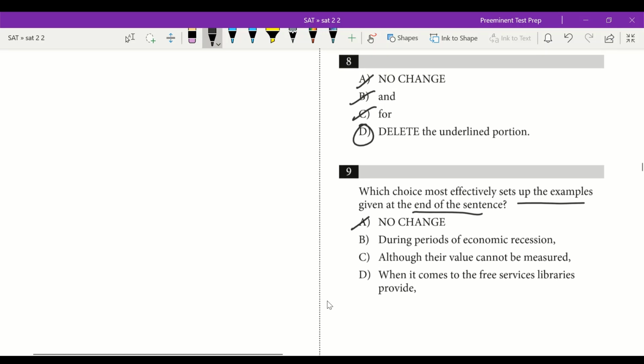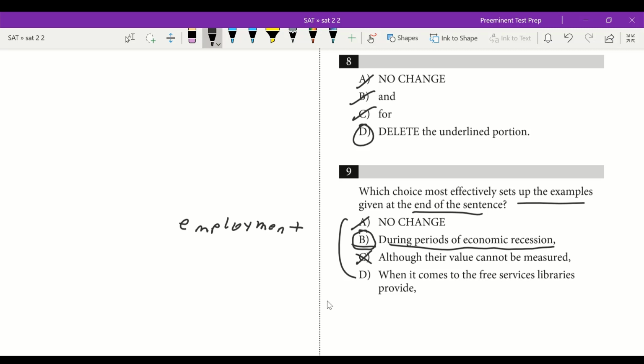Well, our examples, they all talk about applying for jobs, building your resume, all things to do with employment, right? Well, when will employment be crucial as we look through our answer choices? Well, employment's going to be crucial during periods of economic recession, right? And if we look at C, we have, "although their value cannot be measured," but that has nothing to do with our employment examples at the end.